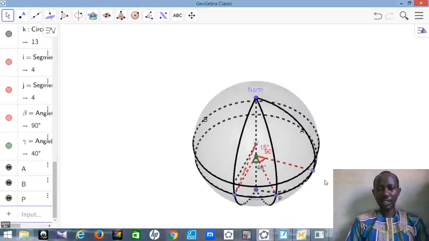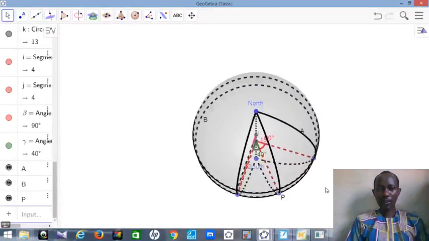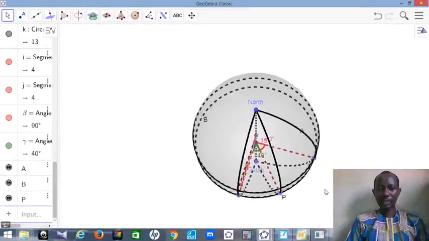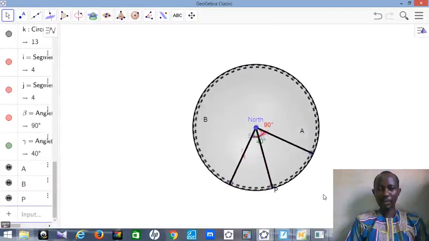So our major target now is this angle. How do we get the angle between both of them? Let me do it like this so that we can see it well. From the reference to this place is 40, then from the reference to this place is 90.